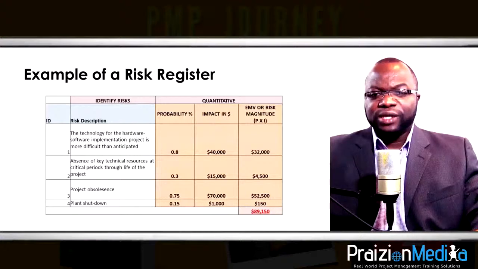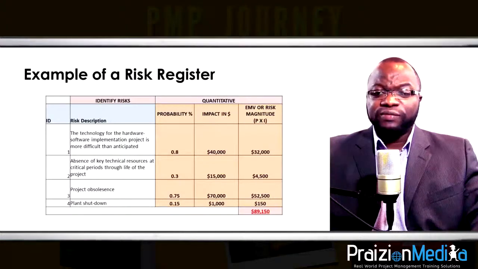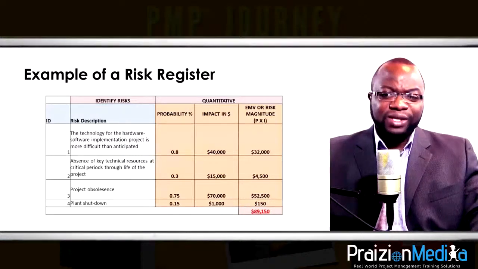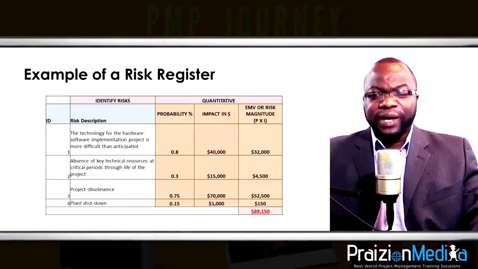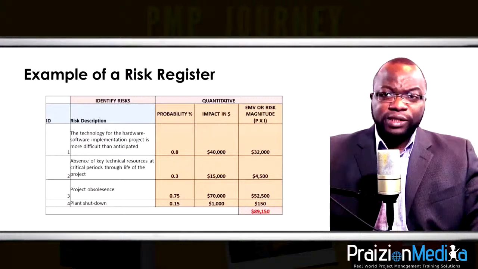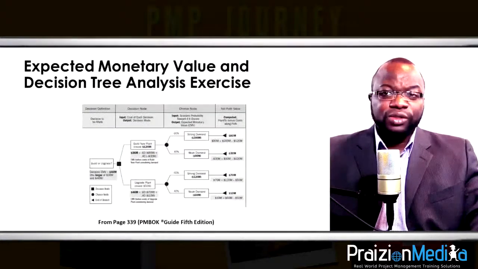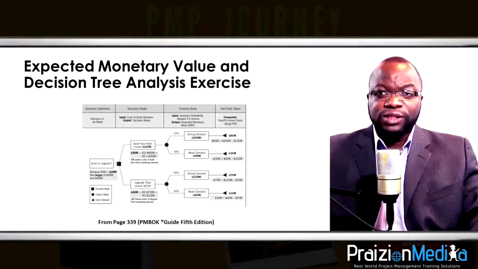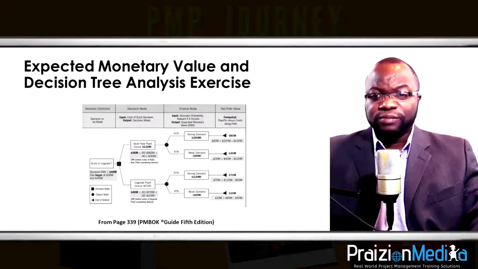The impact that you foresee would occur in terms of dollars. And then you come up with what we call the risk magnitude or the expected monetary value, EMV. EMV, expected monetary value, is equal to risk probability times risk impact.